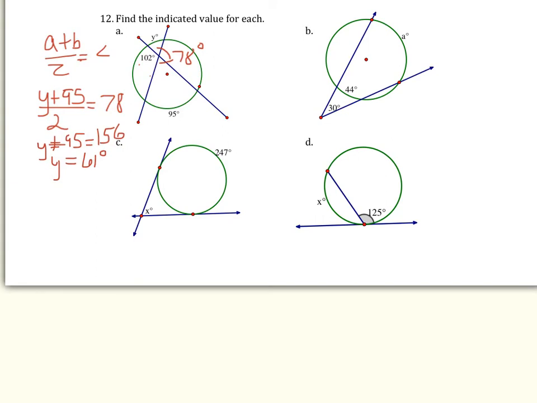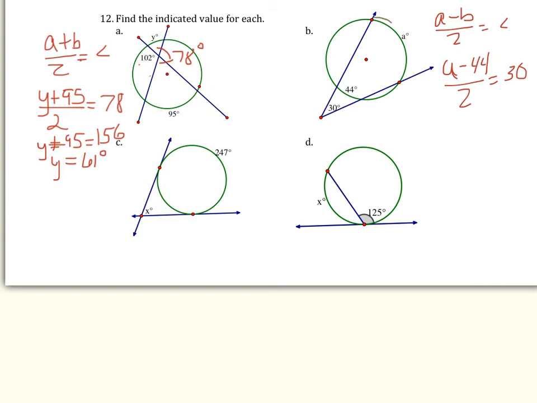All right, on B, I see that this is a secant and a secant. So I know that my rule is I take the two arcs and subtract them, divide by 2, and that will equal the angle. Well, my two arcs happen to be A is my outside arc, 44 is my inside arc, and I know the angle. And if you're not seeing that, let me show you.